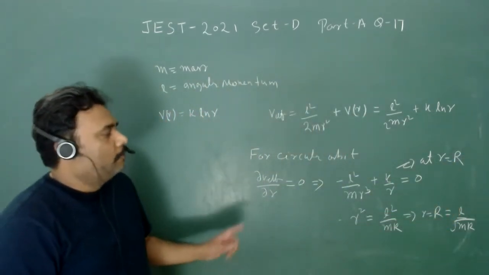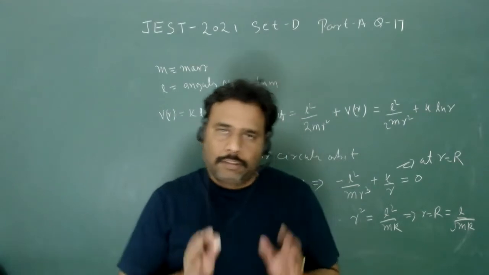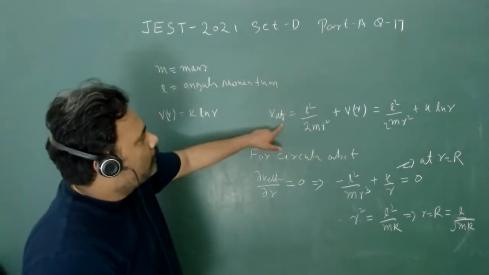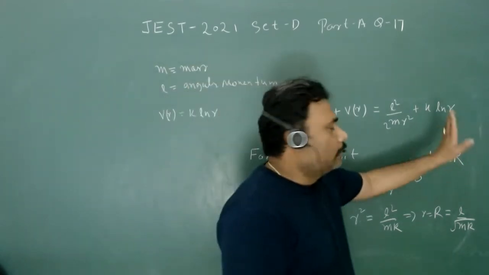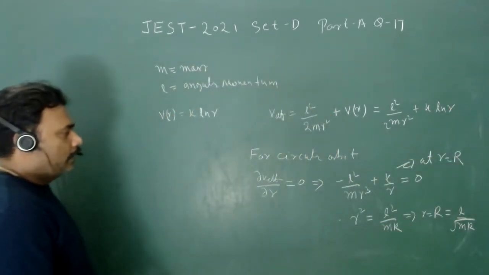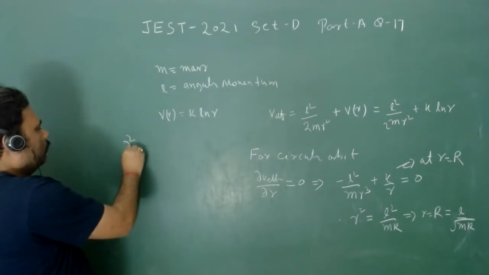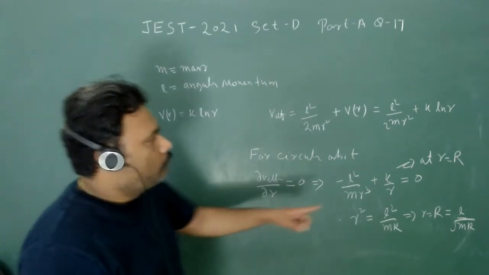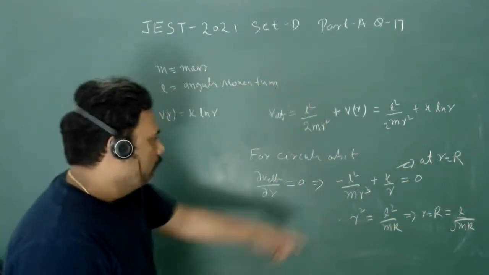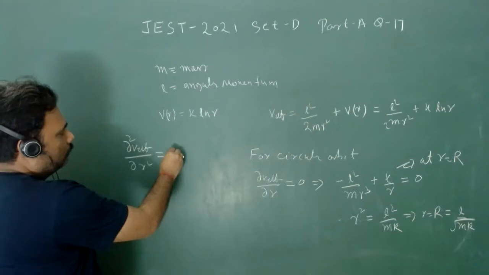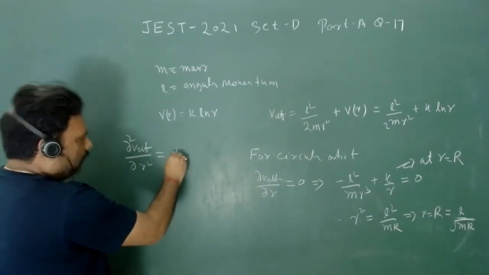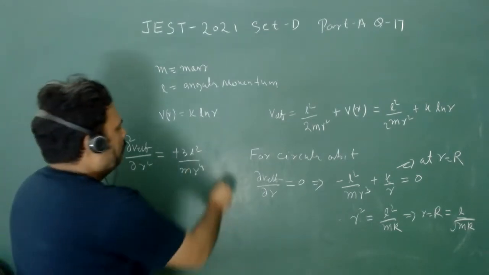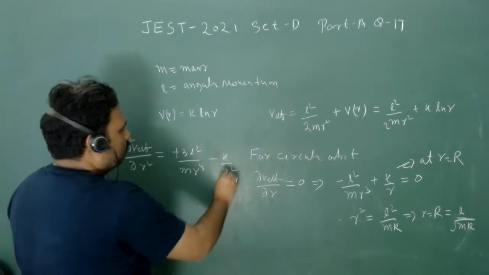Now we have to check whether this orbit, which is circular in nature, is stable or unstable. For a stable orbit, V effective should be a minimum at r equal to capital R. So we just go for the second order derivative, del square V effective upon del r square, and check what happens at r equal to capital R. When we differentiate, this value is plus 3L square upon mr to the fourth, and this value is minus K upon r square.